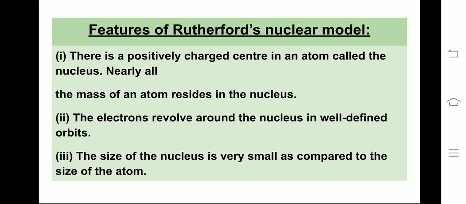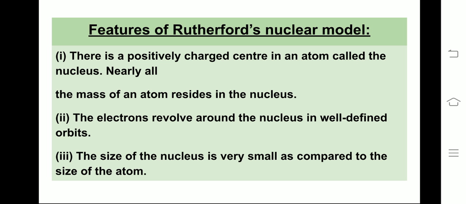On the basis of his experiment, Rutherford put forward the nuclear model of an atom. The following are the features of his nuclear model. There is a positively charged center in an atom, which is called the nucleus. Nearly all the mass of an atom resides in the nucleus.